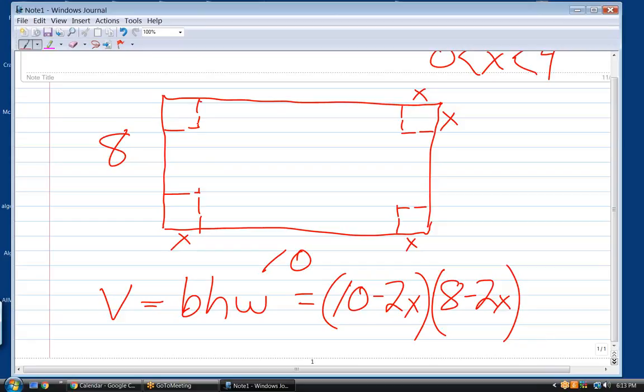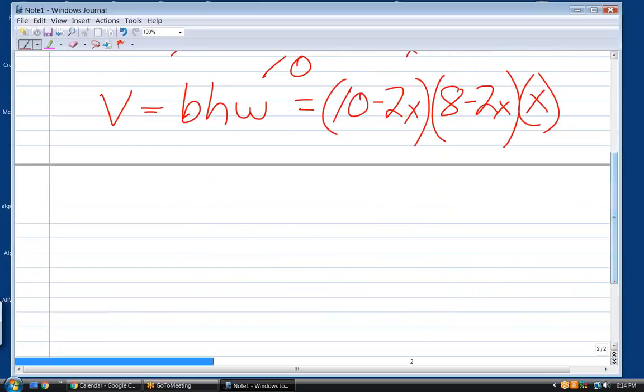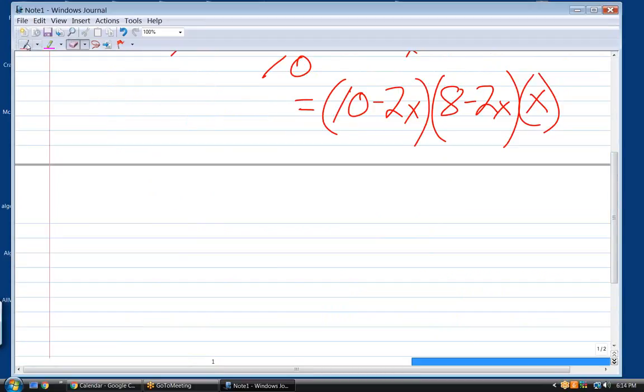The only thing that gets folded up is this part right there. So that's x. So the height of the box is going to be x. You see that? Okay, so there's my volume equation. Volume is equal to that, and volume is a function of x.